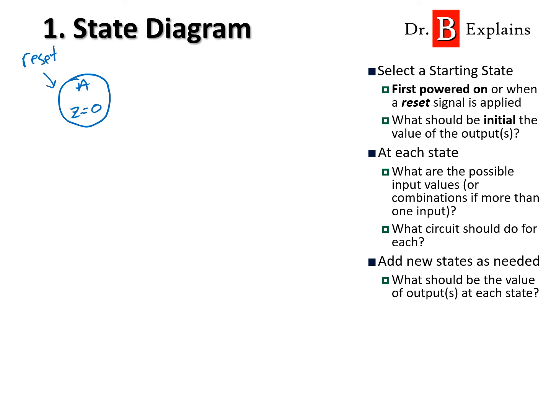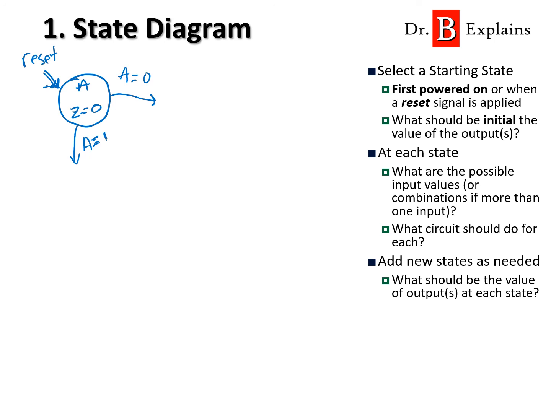Once we have that, we need to think what the possible input values or combinations are that we can get. So we can get A equal to a 0, right? And we can get A equal to a 1. So those are the values that my input variable can take.